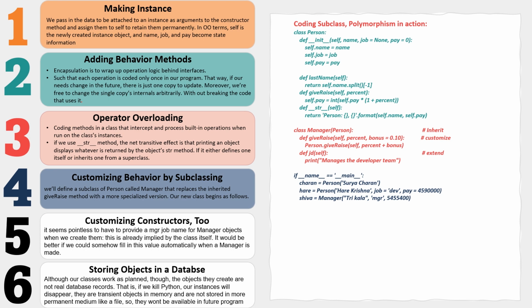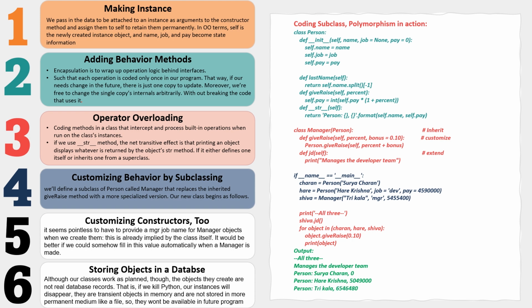Now let's print all three. For object in this list, call give raise. What we got for the persons is 0, for Surya 0, for Hare Krishna this much, and for Trikala, who belongs to the Manager class, a higher one based on the parameters that we have given.